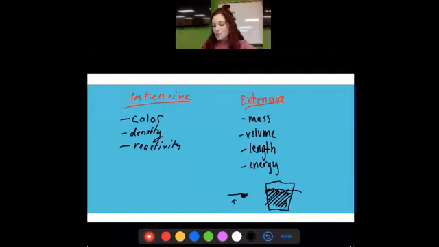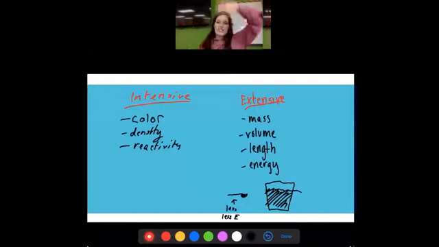Obviously, the spoon has less, so there's less energy. The big bucket full of gasoline has more, so it would be more effective at fueling your car. So the more of something you have, the more internal energy it has. Okay, so hopefully you see the difference between those two.